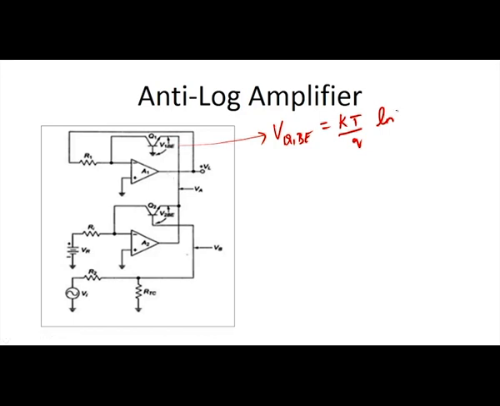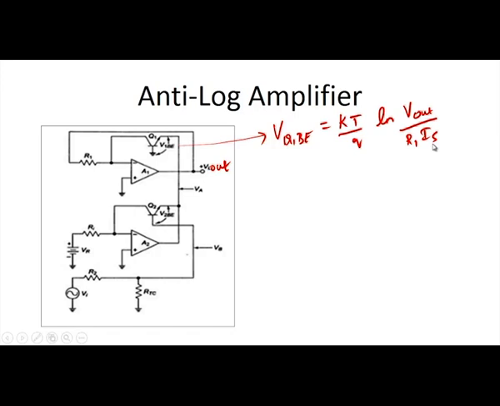So, instead of Vi, we will write V out by R1 IS. We assume that the saturation currents of both the transistors are equal, say IS1 and IS2 equal to IS, so I have simply written it as IS.